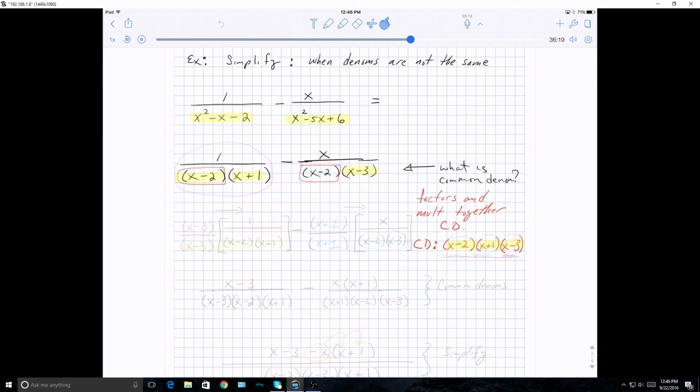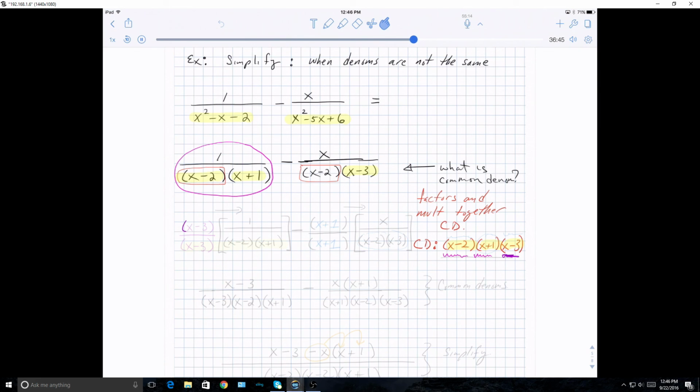See how this first term right here has the x minus 2 and the x plus 1, but it's missing the x minus 3.